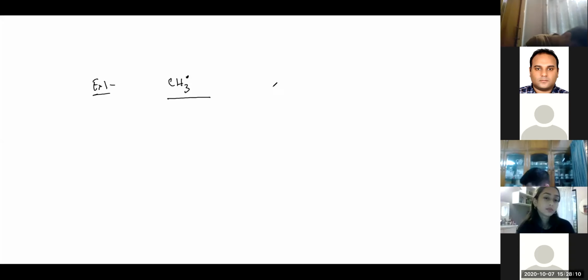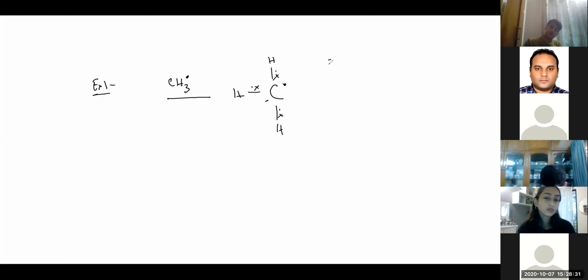CH3 free radical. Here you draw a carbon, and with the carbon you draw hydrogens. So it already has 6 electrons being shared and there's 1 more electron. What will this electron do next? So it already has 7 electrons around the central atom.